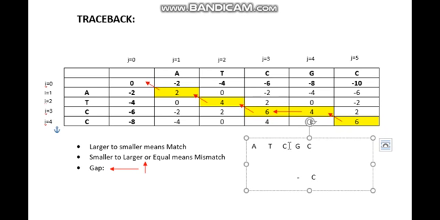So that is once again a match, so we'll put a C over here. Then, since we're again moving from a larger to a smaller value, we have another match. We'll put a T next to the T. Then once again we have another match, so this would also be an A.